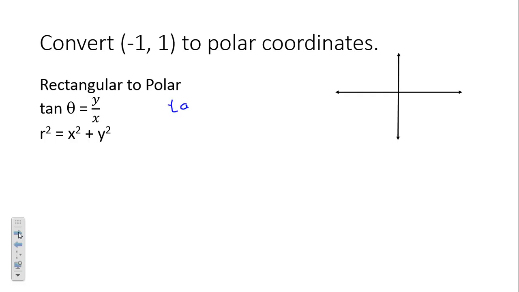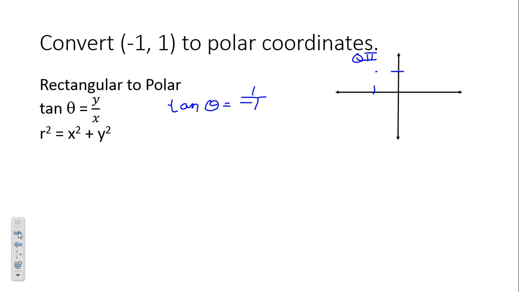The tangent of theta is y over x. And 1 over -1 is -1. So we're thinking about this, we're at -1, 1. We're over here in quadrant 2, right?